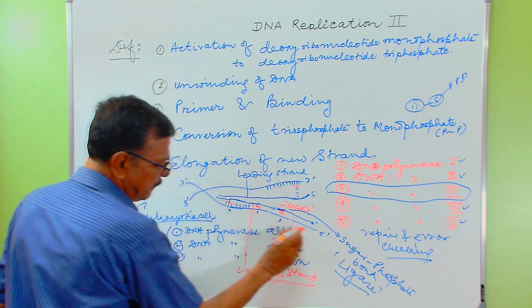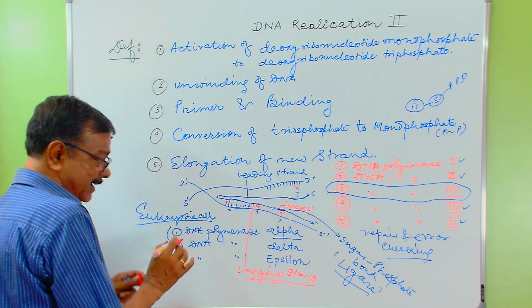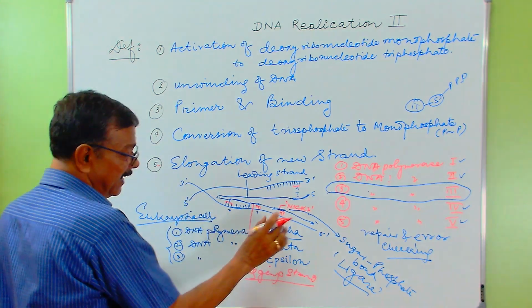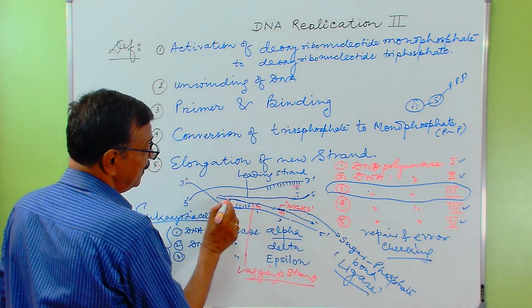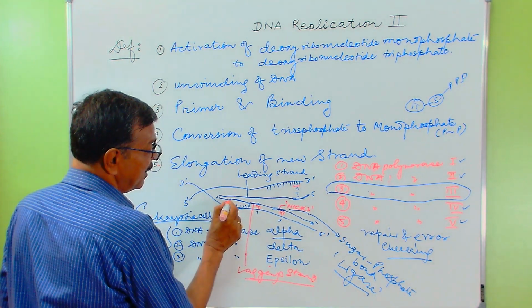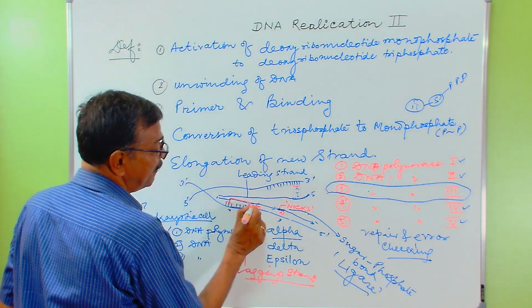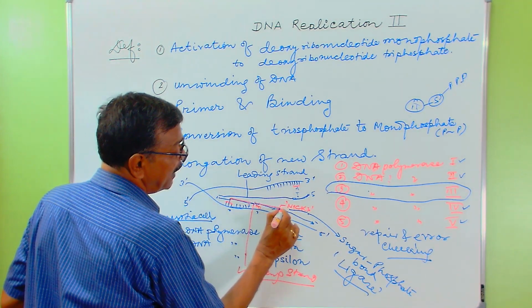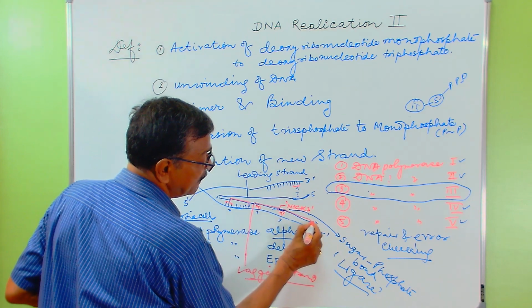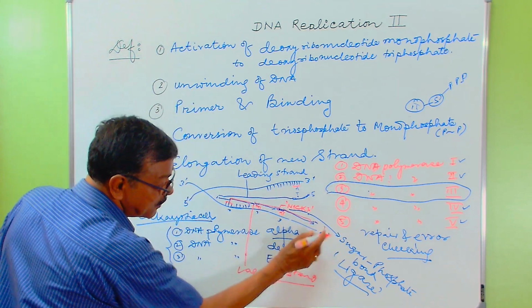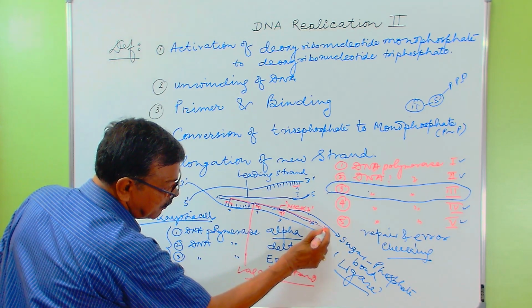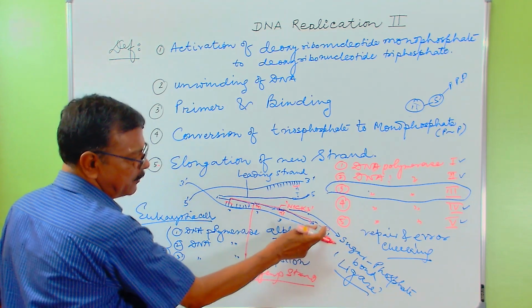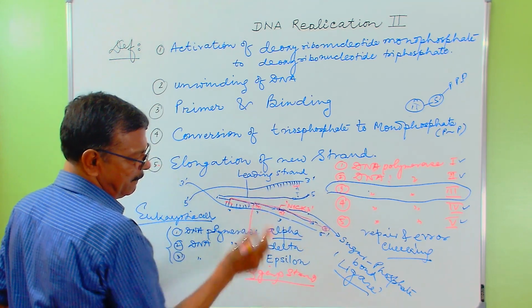The leading strand goes from 3 prime to 5 prime, but the lagging strand starts its replication from 5 prime to 3 prime, because here it should have 5 opposite 3, here 3 opposite 5.